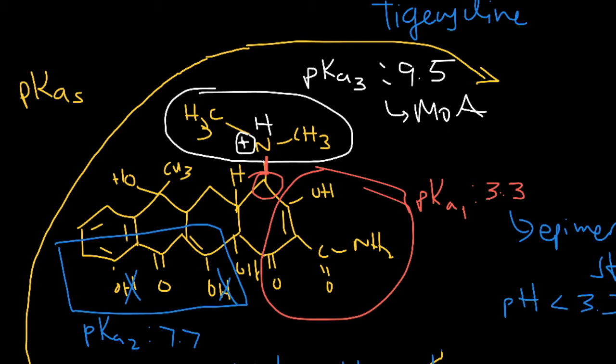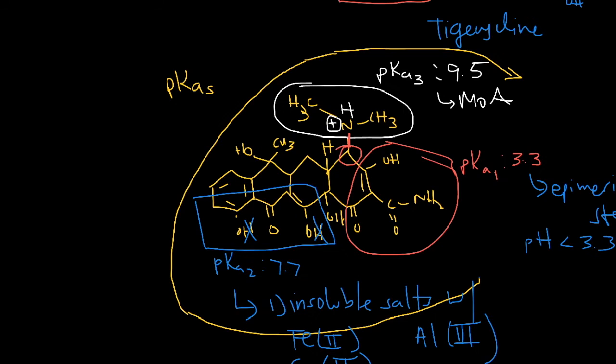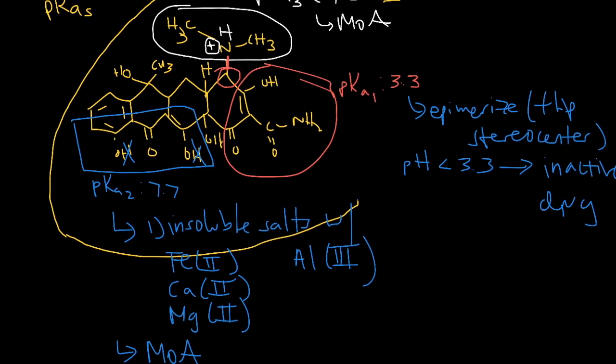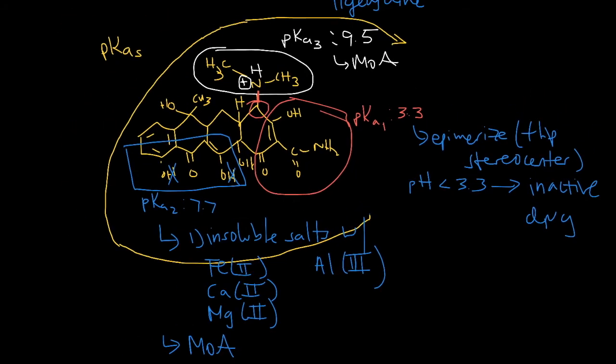So just to go over what I just said, tetracyclines at 3 o'clock, pKa 3.3, you epimerize if the pH is lower than 3.3, which forms an inactive drug. 7 o'clock, pKa2 at 7.7, you form insoluble salts, and you also help with the mechanism of action.